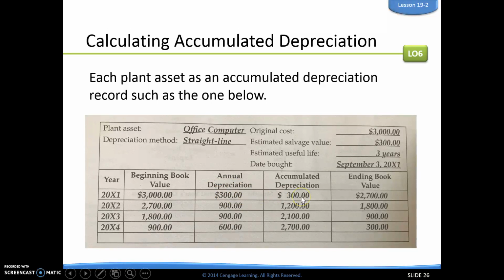So total for that year was 300. Then the next year we had $900, a full year of depreciation, which then we add to the previous year's accumulated depreciation, so we end up with 1,200. And so you can see how you just add the current year's annual depreciation expense to update your accumulated depreciation balance.